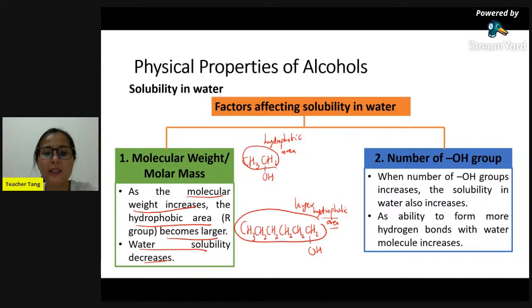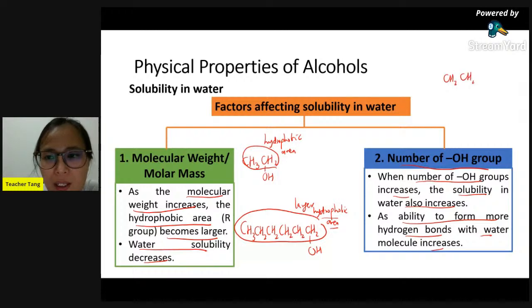And the second factor affecting solubility in water is the number of hydroxyl groups. As the number of hydroxyl groups increases, the solubility in water increases because it is able to form more hydrogen bonds with water molecules. For example, if we have ethane-1,2-diol, it has 2 hydroxyl groups, compared to ethanol, which has only 1 hydroxyl group.